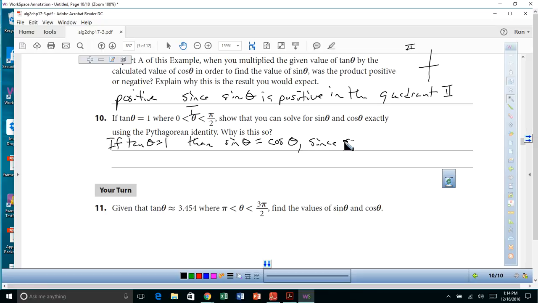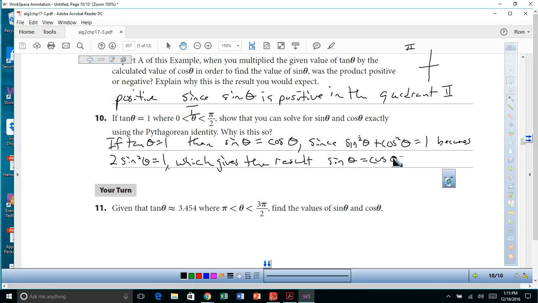Since sine squared theta plus cosine squared theta equals 1 becomes 2 sine squared theta equals 1, which gives the result sine theta equals cosine theta equals the square root of 2 over 2.